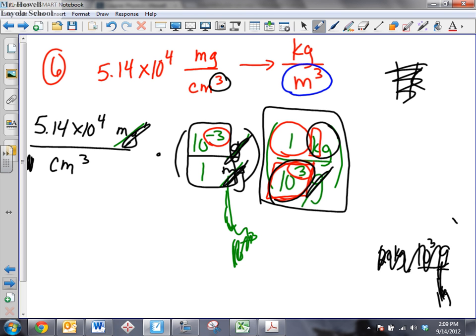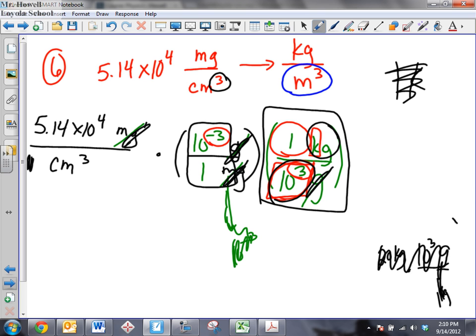Again, if I measure 5 meters across the room as a length, if I measure the room as 5 by 7, I would say it's 35 square meters of area on the floor. If I measure 5 by 7 by 6, I would do 5 times 7 times 6. What do we got? 210? 210 cubic meters. Again, volume is cubic. So right now, this is a volume we're converting.